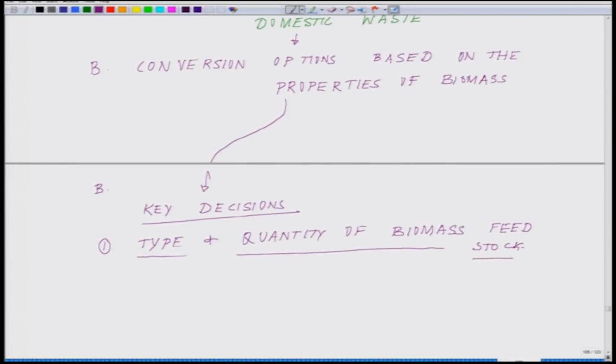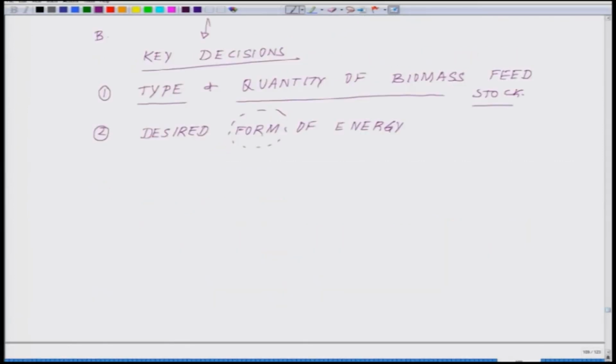The second is point 2, the key decisions is desired form of energy. What form or in what state you want the energy, desired form of energy. So, in terms of desired forms of energy, if we talk about the form word itself, so this could be divided into 3 different categories. Okay.